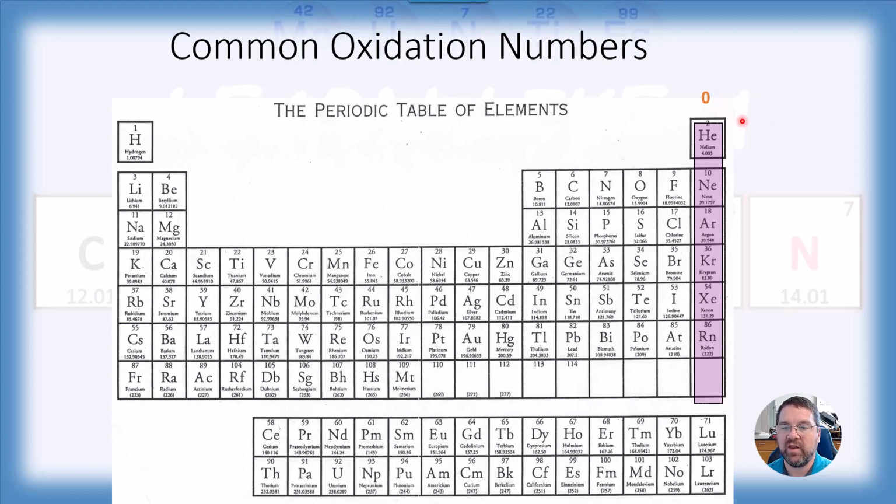The lanthanide and actinide series down below, honestly, the electron configurations there get a little more complex. They don't quite fit into our simplified way of thinking of Aufbau filling, and so typically we're going to see +3 for the lanthanide series, +3 or +4 for the actinide series. And to be perfectly honest, the chemistry that goes on with these elements is so similar because now you're talking about f electrons, which are buried well within the orbitals in the electron cloud.